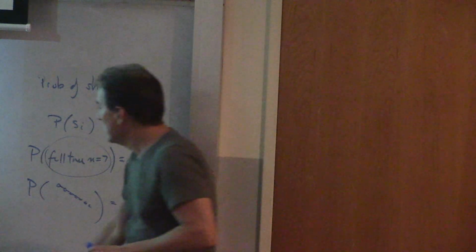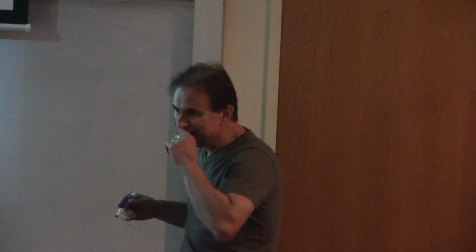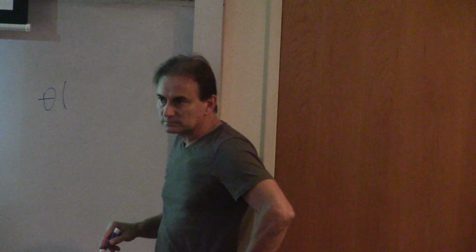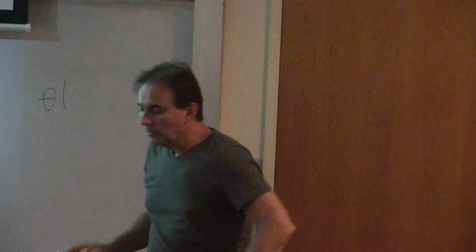All right, so one of the things that we did last class is that we decided that the complexity of building a full tree with n nodes was theta, what? What was our probability of building a full tree?